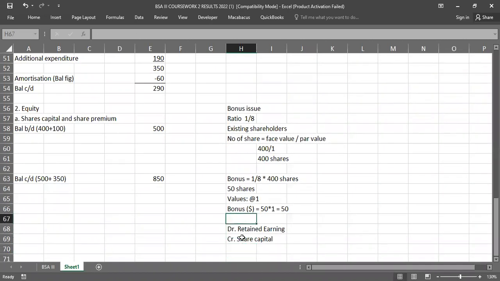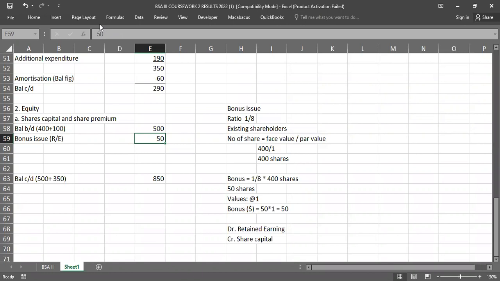To reflect this, under share capital we say we had a bonus issue, or you can name the other account involved, retained earnings. It increased our shares by 50. Don't forget that in the retained earnings working, you must have the bonus issue of 50. So we continue. Then they also talked of the rights issue.